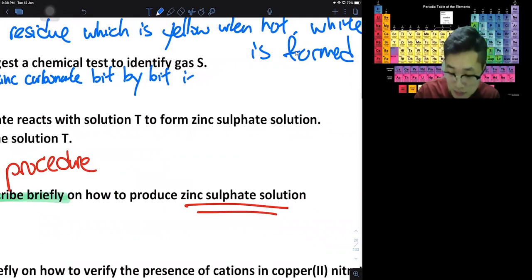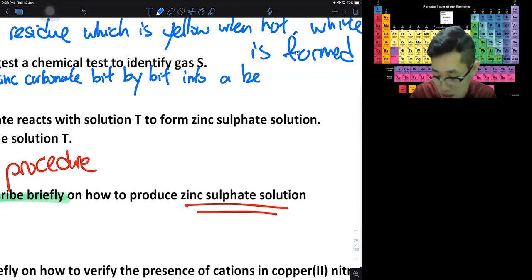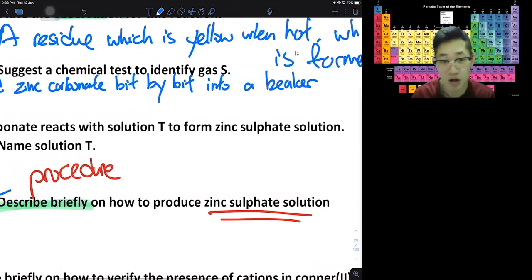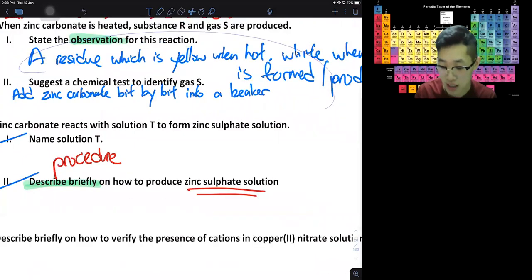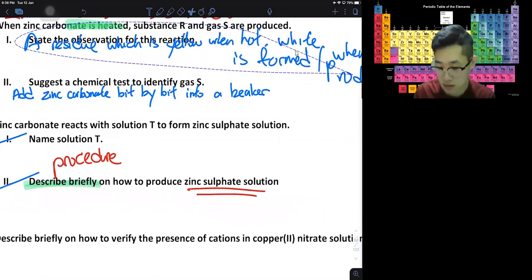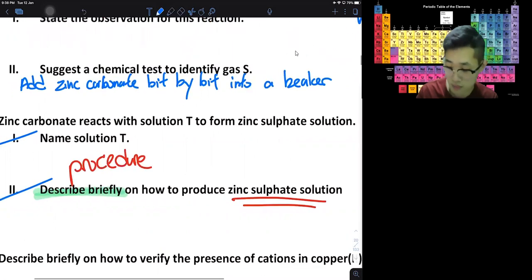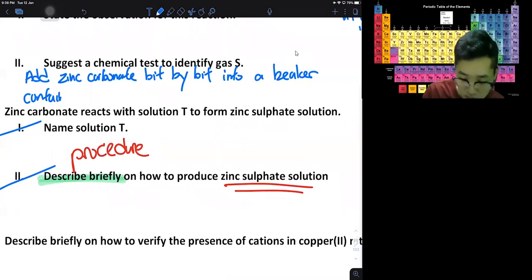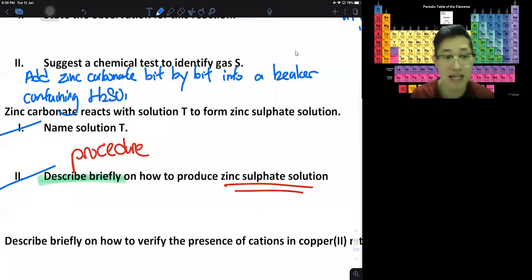into a beaker containing sulfuric acid. Jeremy, very good.